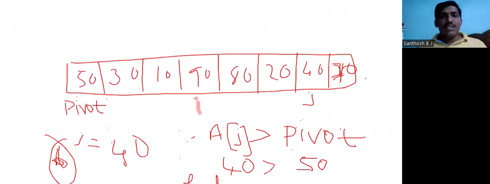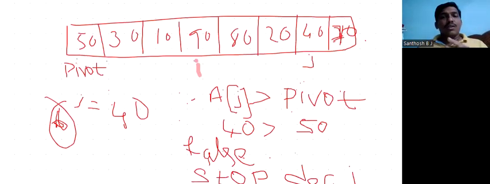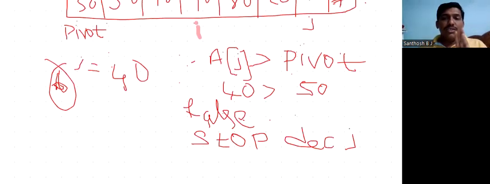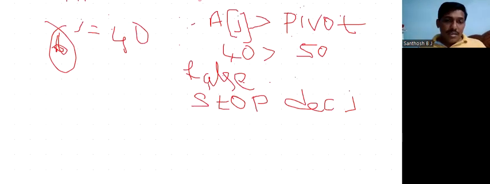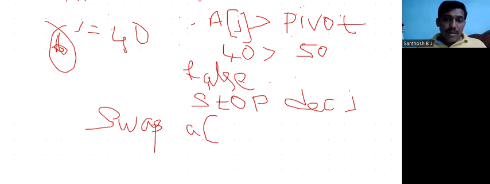If A of I is also checked and A of J is also checked, and both conditions are false, you stop increment and stop decrement. After that, the step is swap A of I and A of J. This is also important.